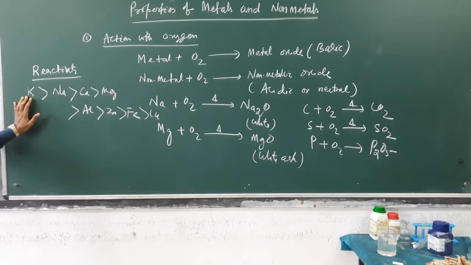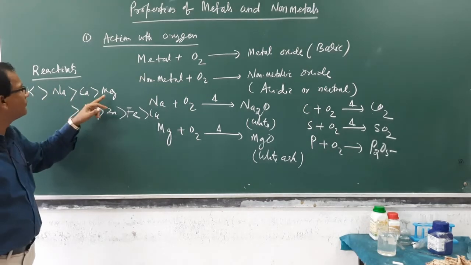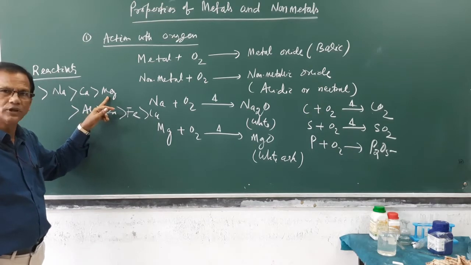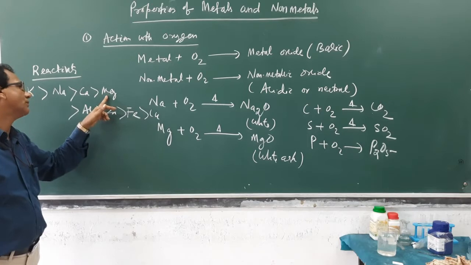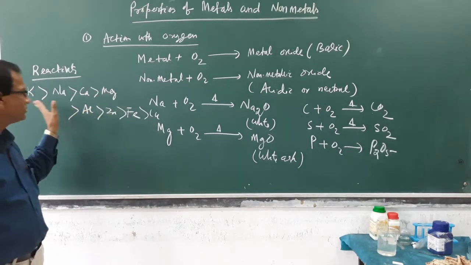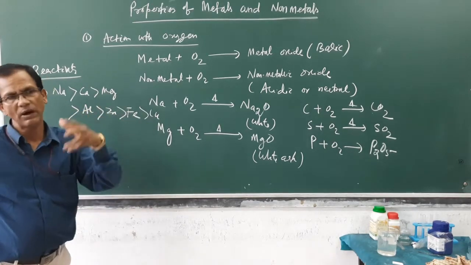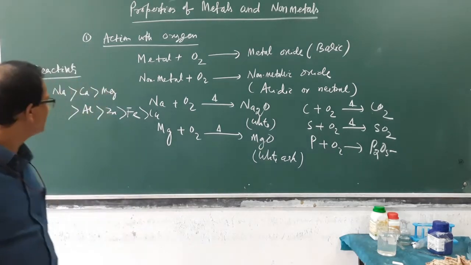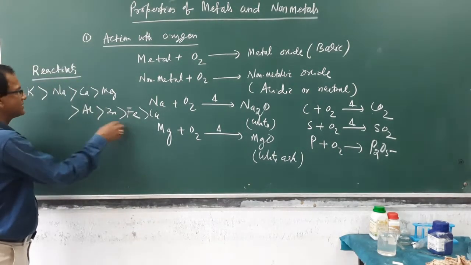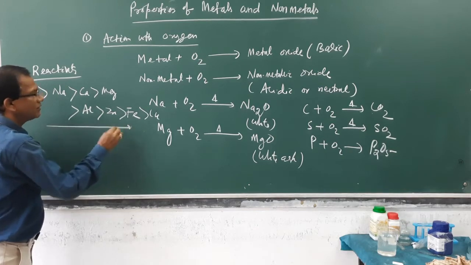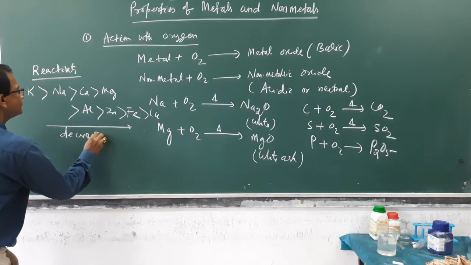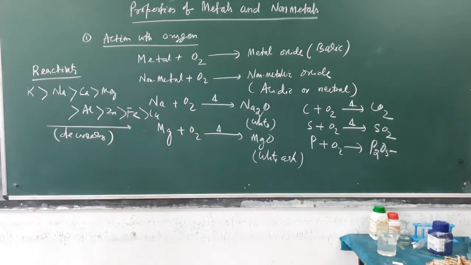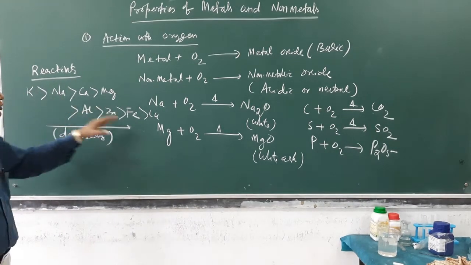Potassium burns much faster with oxygen, then sodium. For burning of magnesium, we have already observed it requires more heat. For aluminium and zinc, the amount of heat required is more. That means the reactivity decreases. The order of reactivity decreases from potassium to copper.